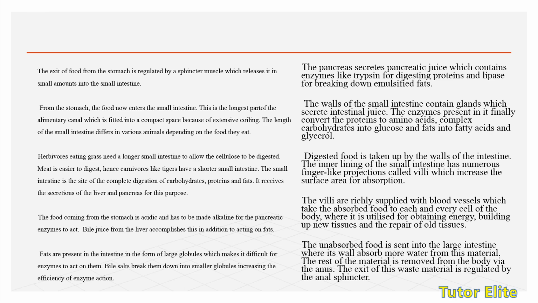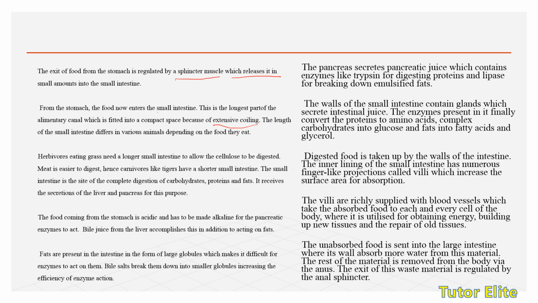The exit of food from the stomach is regulated by a sphincter muscle, which releases it in small amounts into the small intestine. From the stomach, the food now enters the small intestine. Here the absorption process takes place. This is the longest part of the alimentary canal, which is fitted into a compact space because of extensive coiling.